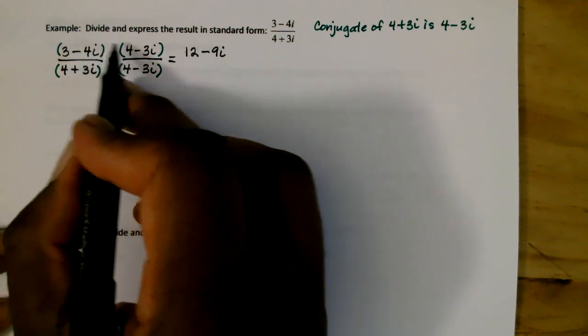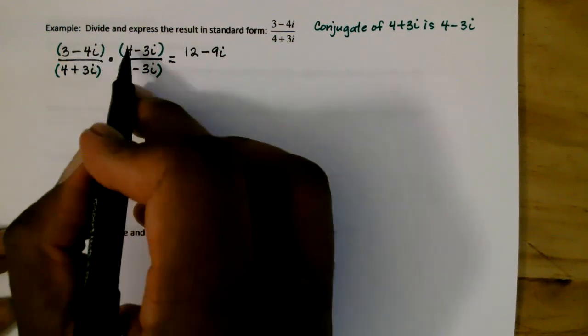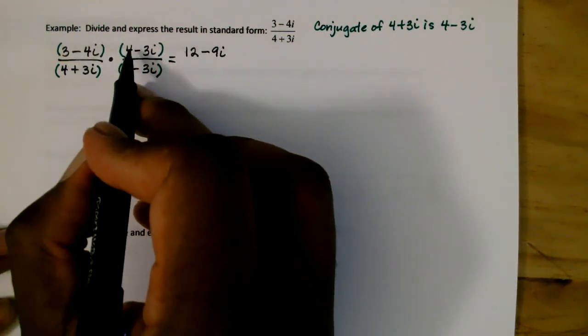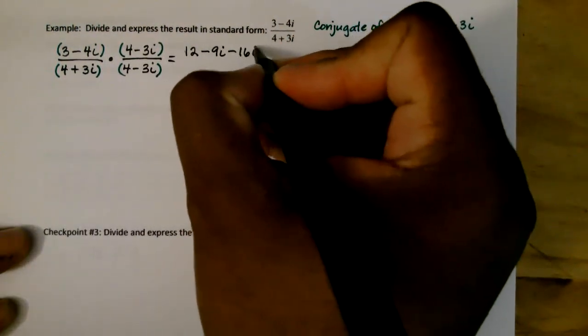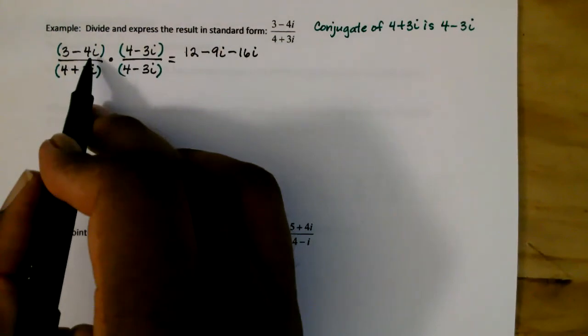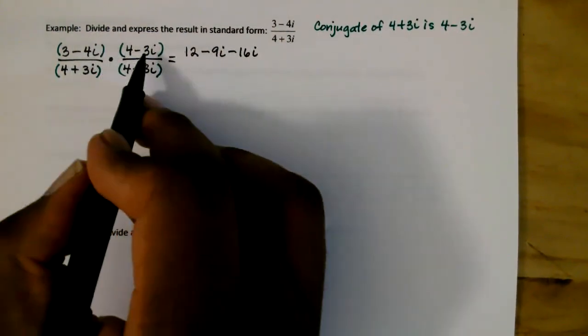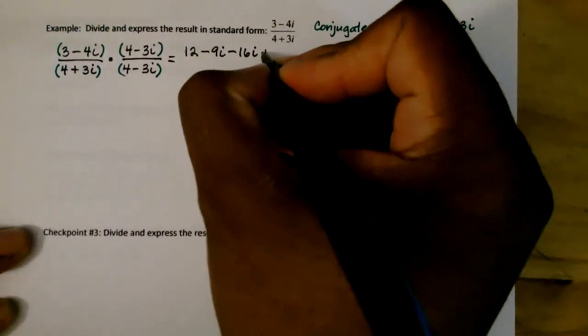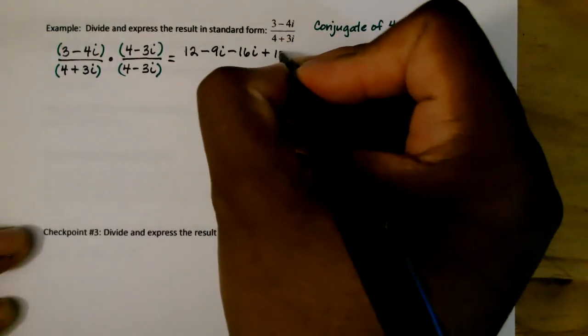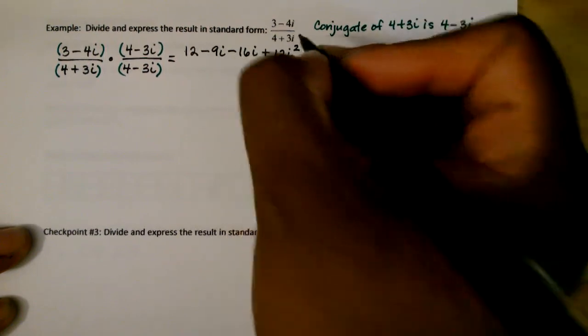Your inner, minus 4i times 4, that would be a minus 16i. And then finally, minus 4i times a minus 3i. Well, negative times a negative, that's going to be a plus. 4 times 3 is 12, and i times i is i squared.